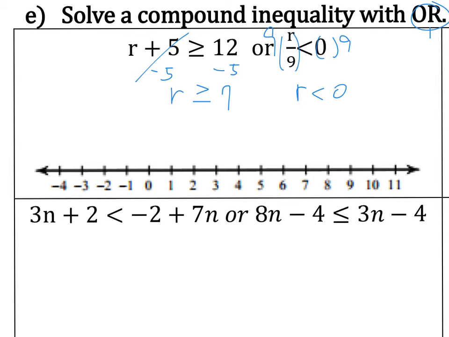Okay, so if we graph r greater than or equal to 7, it will be everything to the right, including 7, and r less than 0 would be everything to the left. And your final solution will be r greater than or equal to 7 or r less than 0.